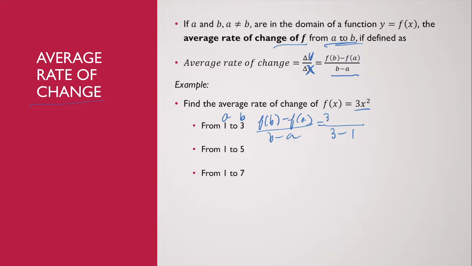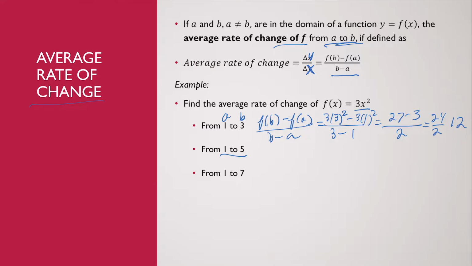Then I have 3 times 3 squared minus 3 times 1 squared, which is 27 minus 3, divided by 2. That gives me 24 divided by 2, which is 12. So the average rate of change from 1 to 3 over this quadratic function would be 12.